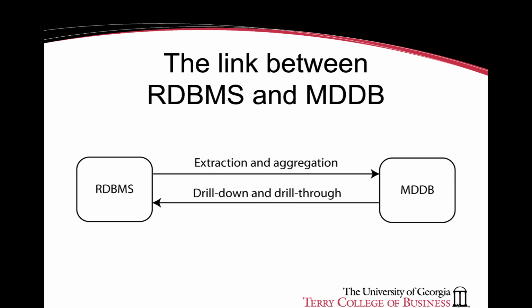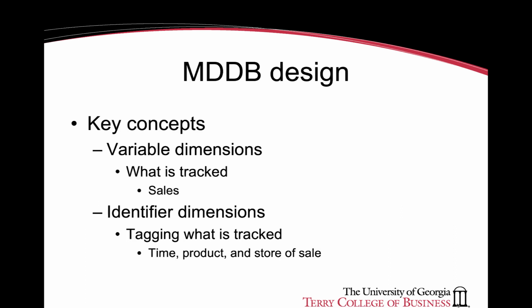When an analyst wants to then drill down or examine any specific transaction, any specific region in a little bit more detail, one can, through the tie-in between the MDDB and the RDBMS, drill down and drill through to specific facets of the summarized data. To design multidimensional database systems, a couple of concepts are key.